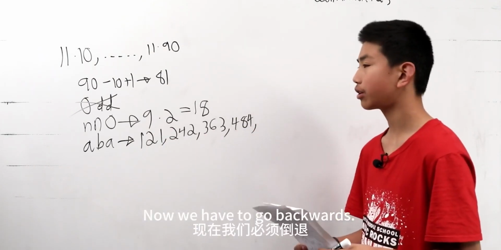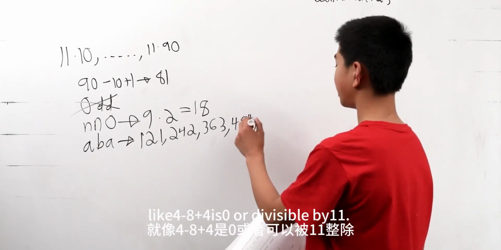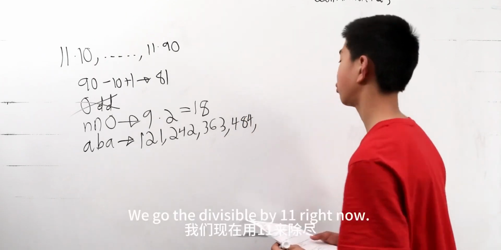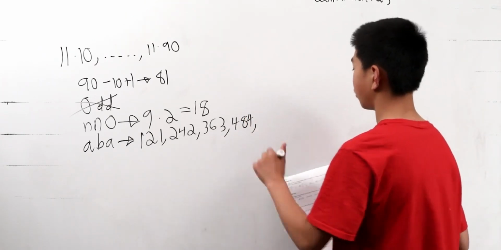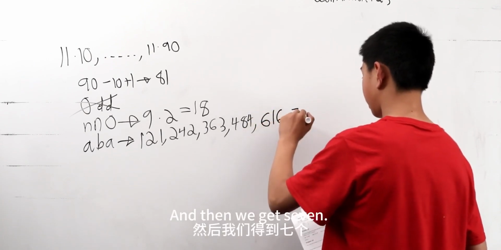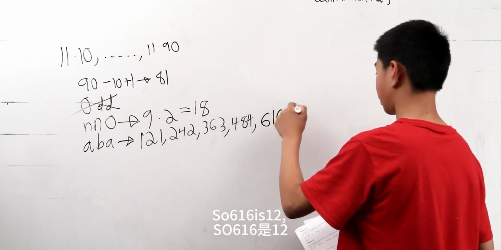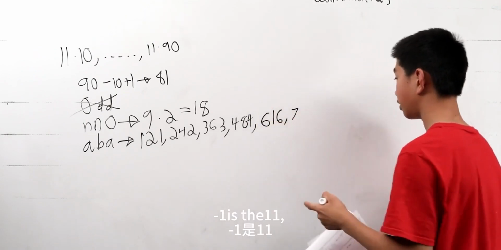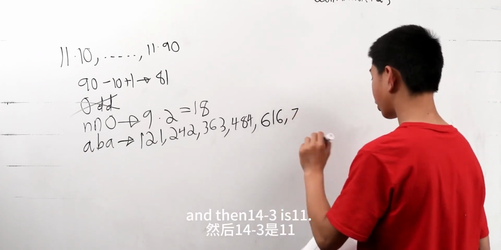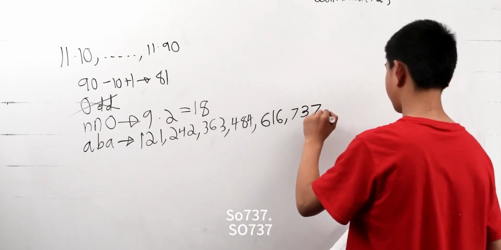And now we have to go backwards. The divisibility rule says 4 minus 8 plus 4 is 0, or divisible by 11. So we go by divisible by 11 right now: 6, 1, 6, and then we get 7. So 6, 1, 6 is 12 minus 1 is 11, and then 14 minus 3 is 11, so 7, 3, 7.